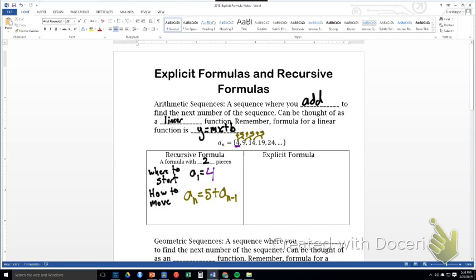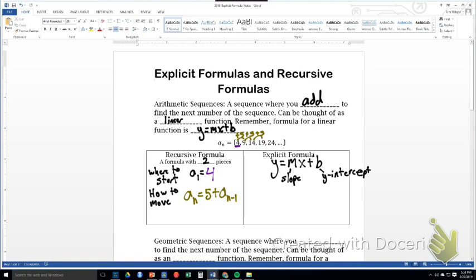The explicit formula is based off of y equals mx plus b. And remember, m is slope, and b is the y-intercept, or where you begin. So we're going to use those ideas, and we're going to find the explicit formula.